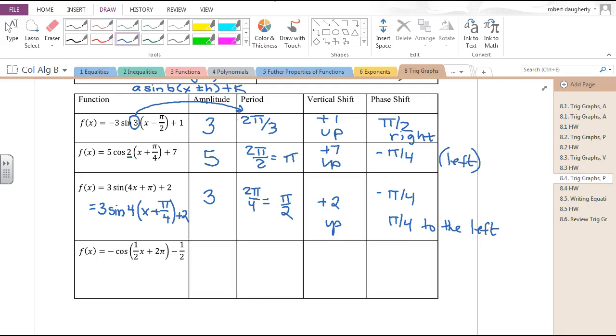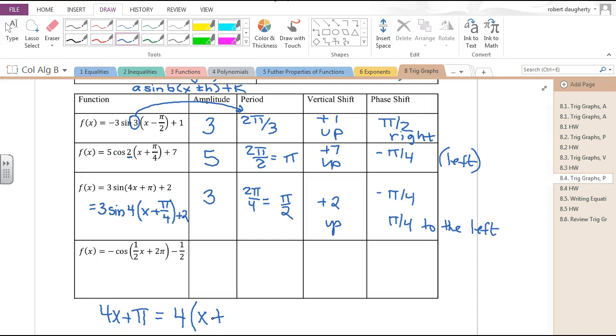Well, when you factor 4, if I factor a 4 out of this expression, so I've got 4x plus pi. If I'm going to factor a 4 out, then I have to ask myself, what do I multiply 4 by to get 4x? X, okay? What do I multiply 4 by to get pi?